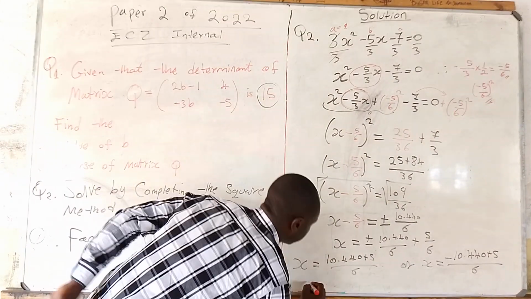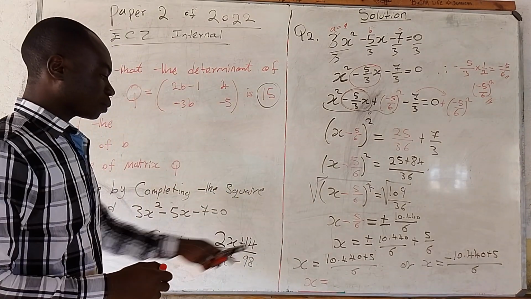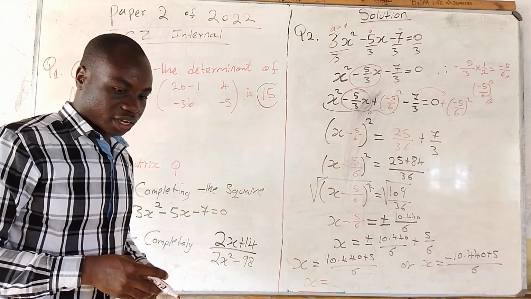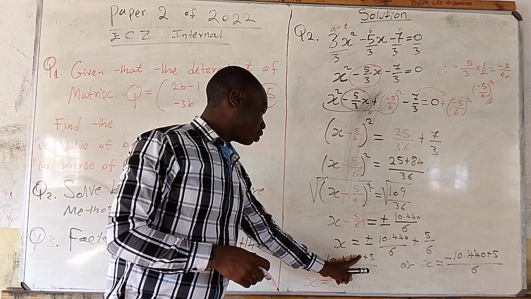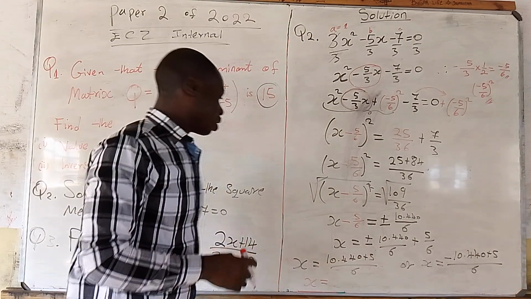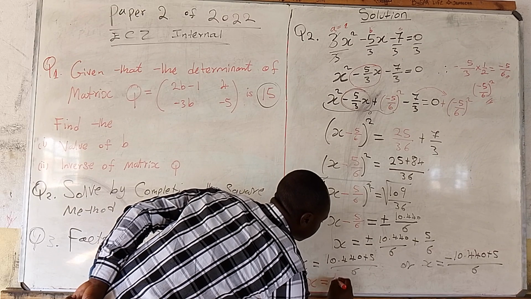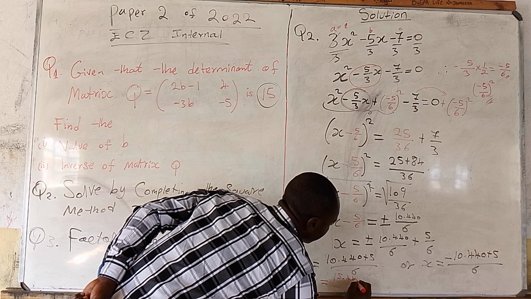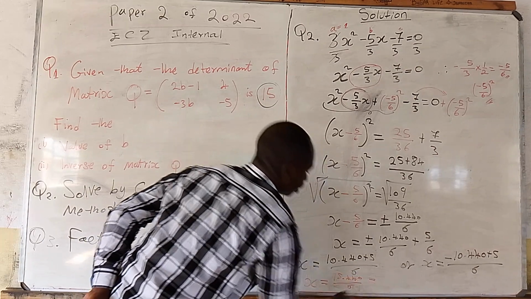So when you divide, 10.440 plus 5 will give you 15.440 over 6, and you can divide that.